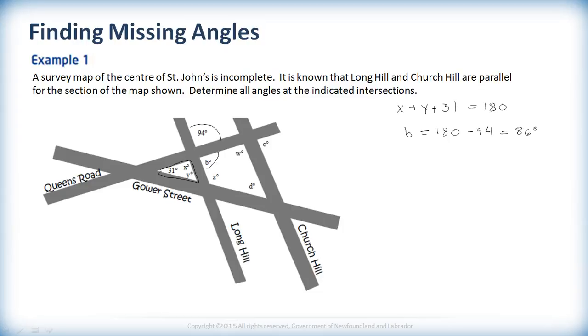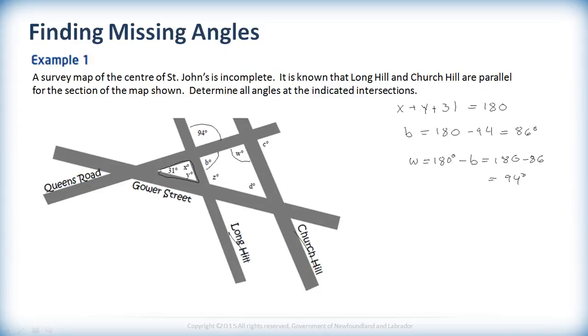And it says that Long Hill and Church Hill are parallel to one another, which means that B and W are same side interior angles, which means that they have to be supplementary. So angle W in here has to be equal to 180 degrees minus what we had for B. So that's 180 minus 86, which is 94 degrees.